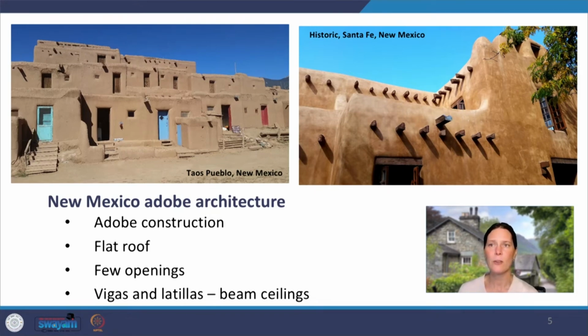It would then use latillas, or smaller branches, crossed perpendicular to create a substrate for the earthen roof to be applied. Due to very strict historic preservation regulations in New Mexican cities like Santa Fe, new construction is required to look like the vernacular. However, it's still constructed with conventional methods of framing or cinder block, usually not adobe.